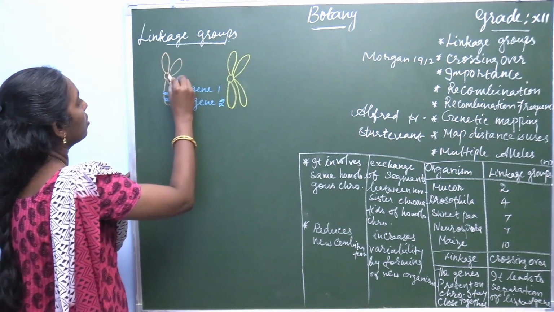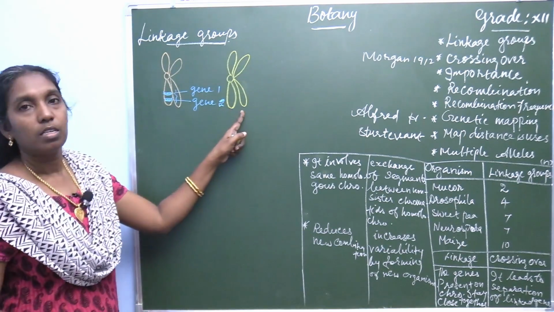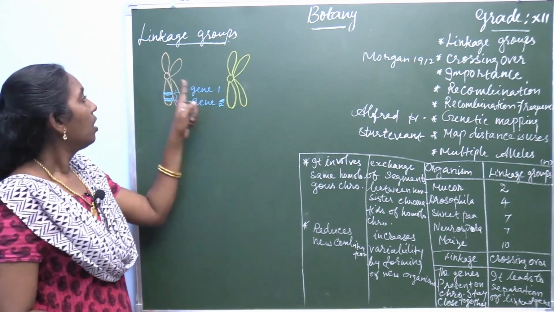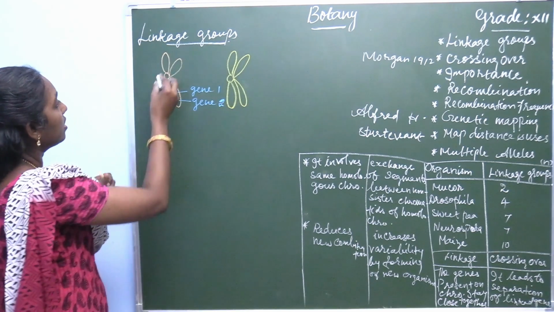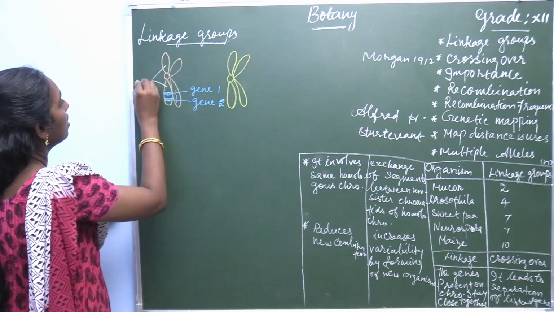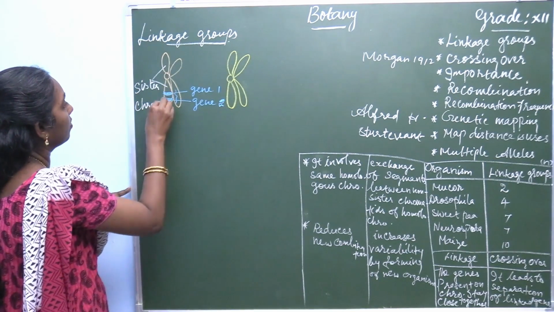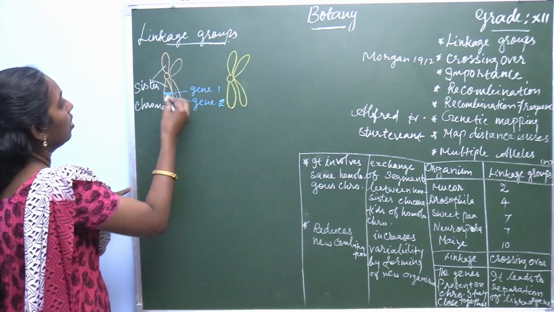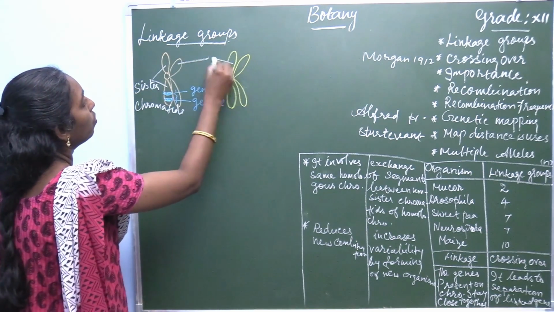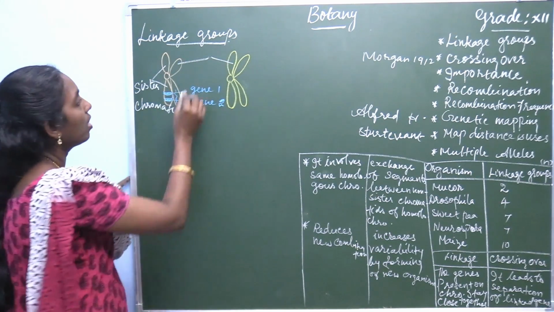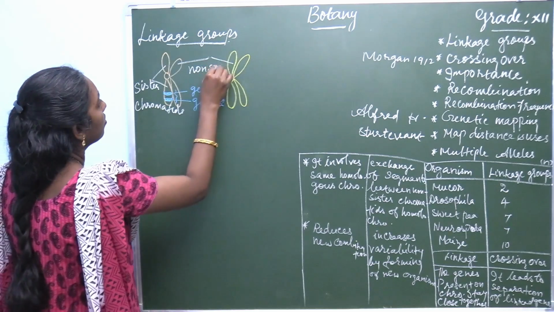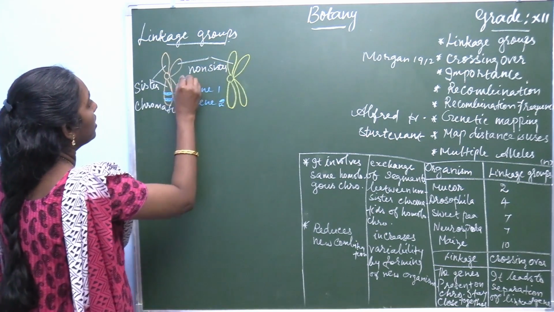This is a homologous chromosome, this is another. These chromatids are known as sister chromatids, but these two chromatids are called non-sister chromatids.